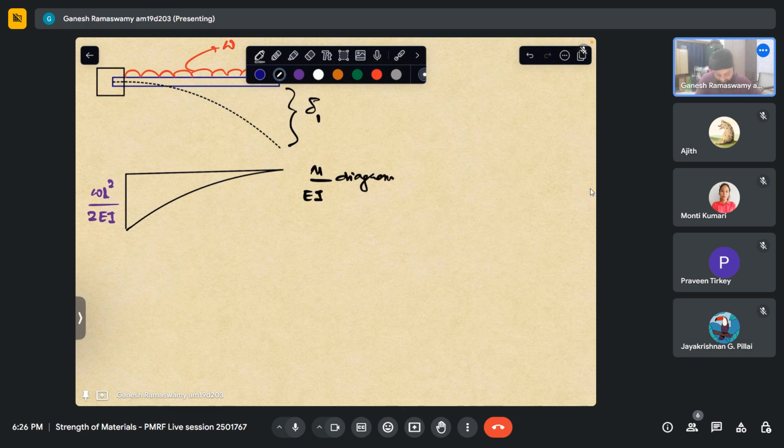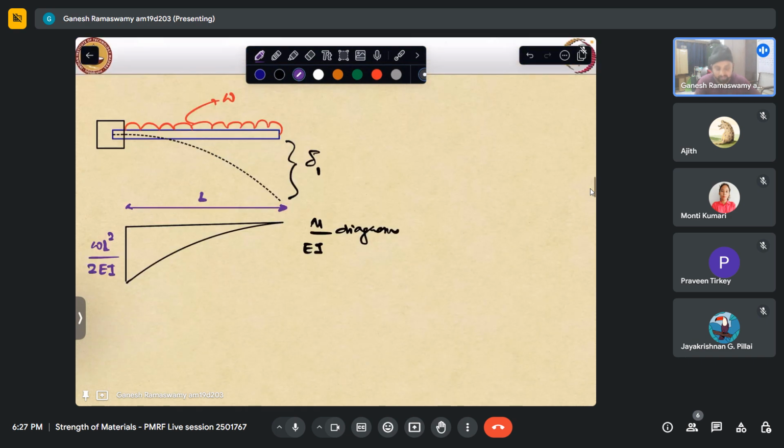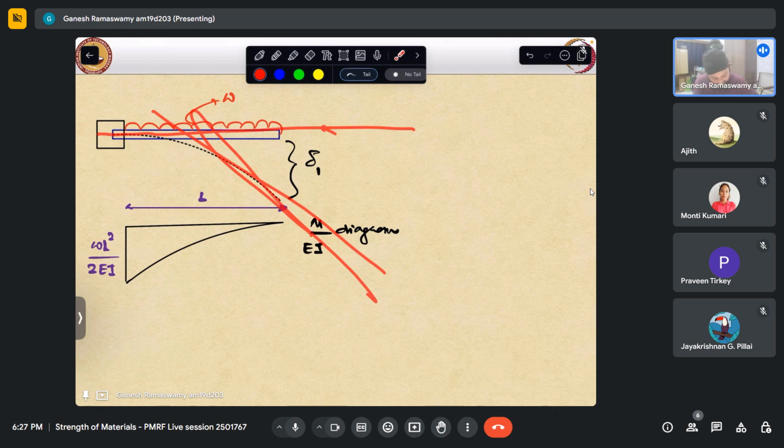So far, so good. So I have this as M by EI, and this, I know, is the length L. So what is delta 1? I know that the tangent drawn here goes straight, and there is the tangent drawn at the free end. So actually the difference between the two, when I take the moment of this M by EI diagram about the free end, I will be getting delta 1.